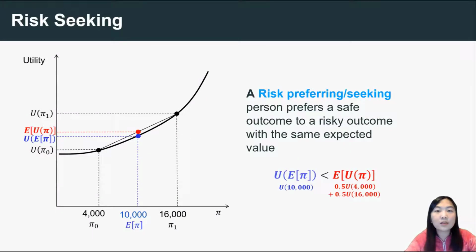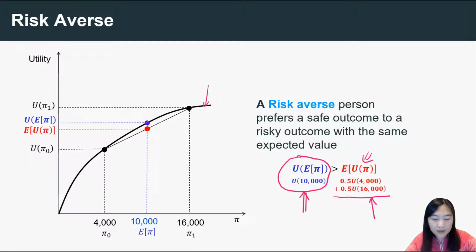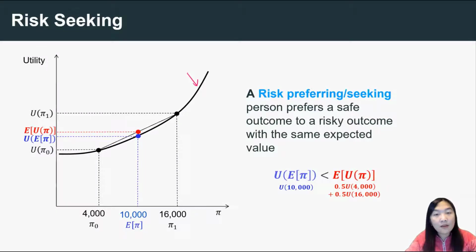And here, if a person's utility curve has this shape, this is a concave function, and for the risk averse person, this is actually a convex function. Anyway, if the utility function has this shape, then this person is getting a higher expected utility from the risky outcome, higher than the safe outcome.